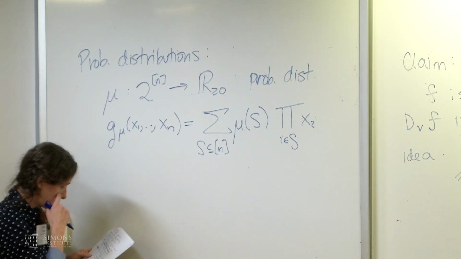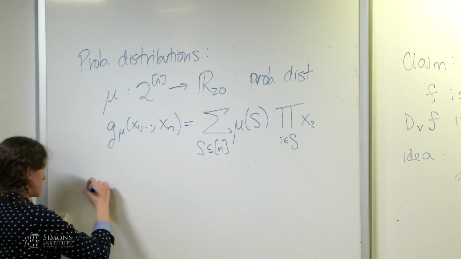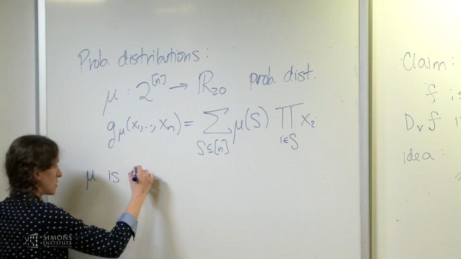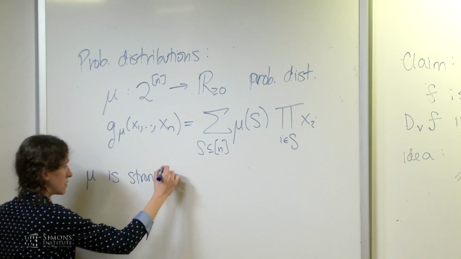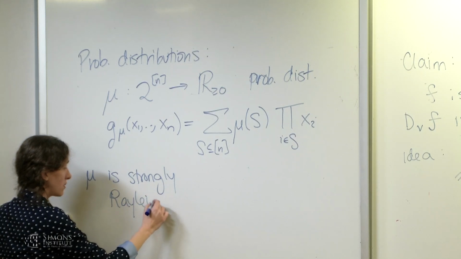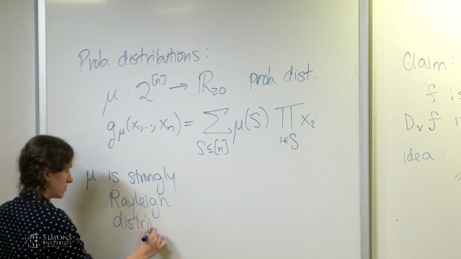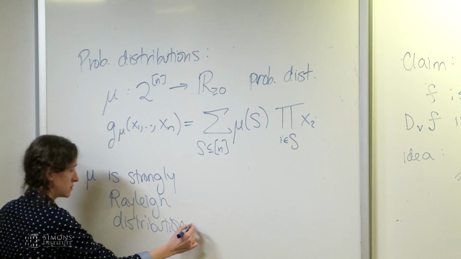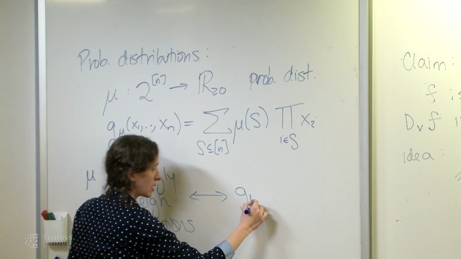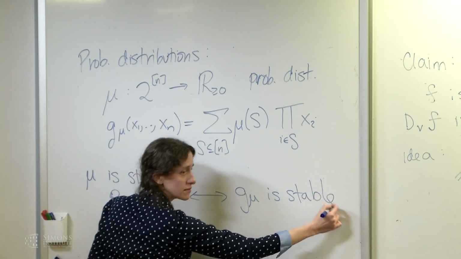And so we've seen a lot this week strongly Rayleigh distributions, which are really just distributions so that this generating polynomial is stable.